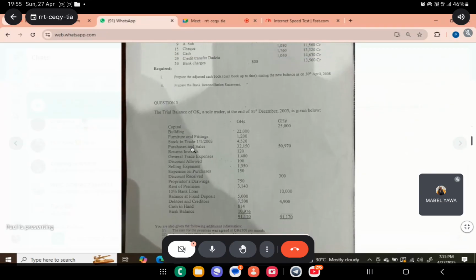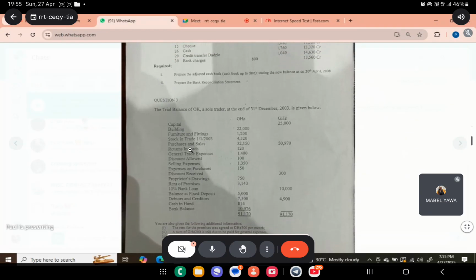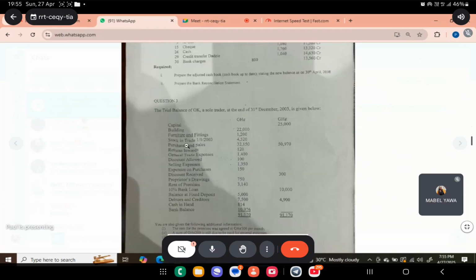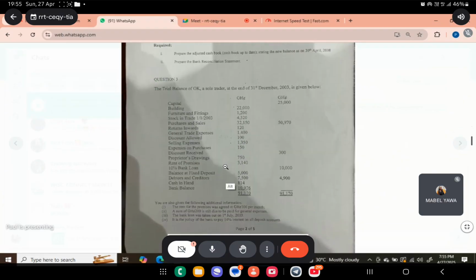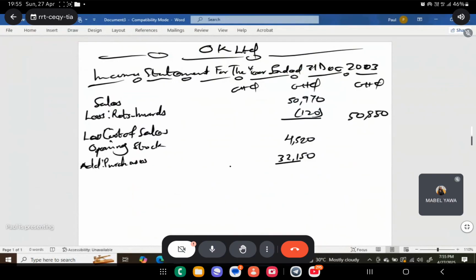This is a simple question, so let me treat it as simple as it is. So we add the opening stock to the purchases, which is the 4520 plus the purchases. So we get 36,670. Now, then we less our closing stock.